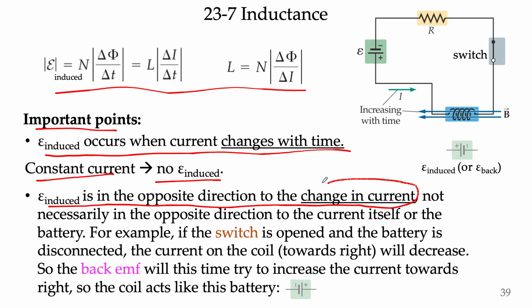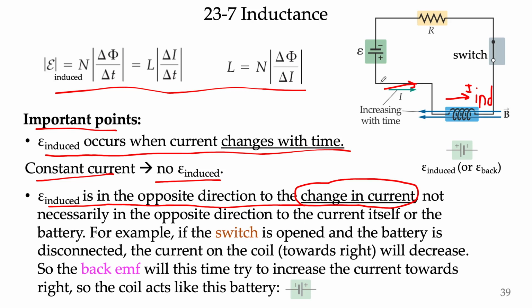So let's say the current was to the right and it was decreasing. The coil would try to increase the current in this direction. So the induced current would be to the right.